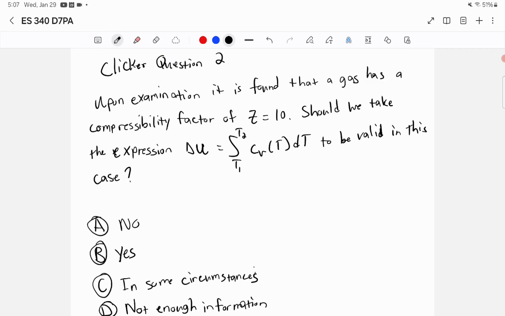Should the expression delta U being U2 minus U1, or U of T2 minus U of T1, okay, you can think about it either way, equal to the integral from T1 to T2 of Cv of T dT, be valid in this case? Can we assume that we can use this equation is what I'm asking here.